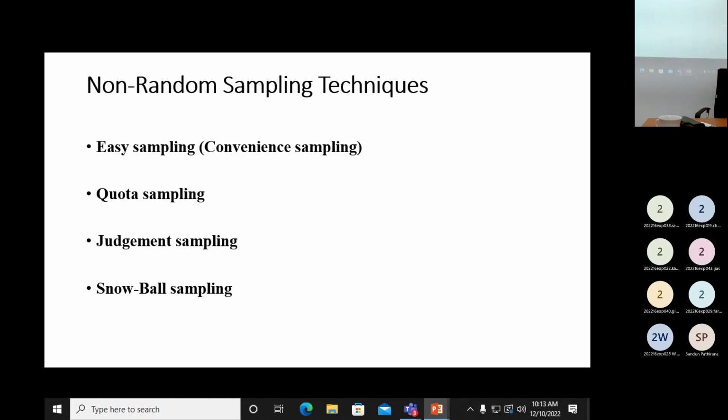Likewise, three. Like 100 will be distributed 50 here, here 30, here 20. What is the time period? Within 3 months, you want to complete this. Likewise, the quota will be provided.